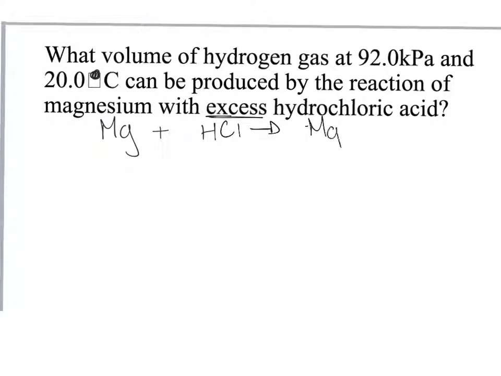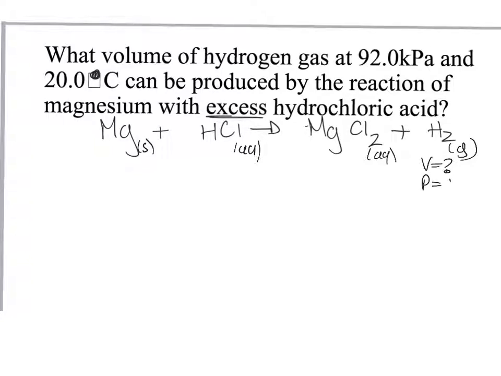So magnesium is going to go with chloride. Magnesium is 2 positive, chlorine is negative, so we'd get MgCl2, and we'd have hydrogen gas left over. This, again, is a balanced equation that we use in the molar volume of gases. Okay, so what volume of hydrogen gas are we going to make?